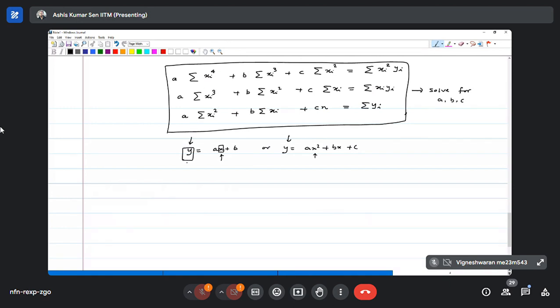Like I gave you the example of spring, right? So your displacement is X. The output is in terms of, let's say, some voltage, that is basically your Y. So X is, you are controlling it, right? You are extending the spring and you are trying to measure the output. That is Y. So X is the independent variable, Y is the dependent variable.